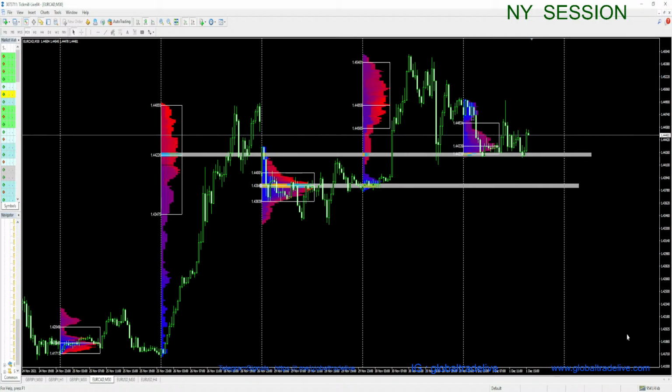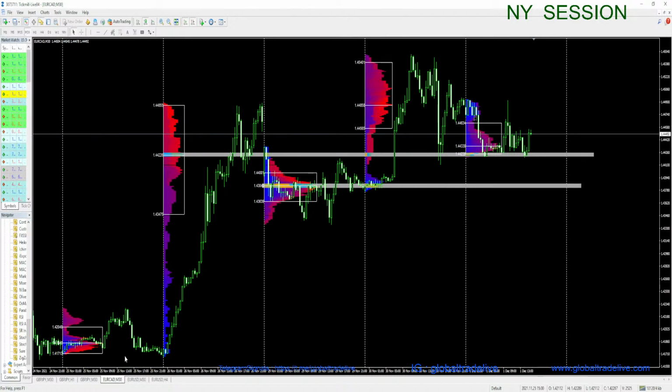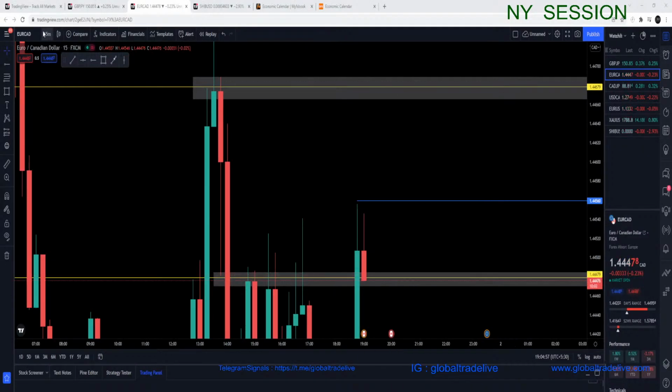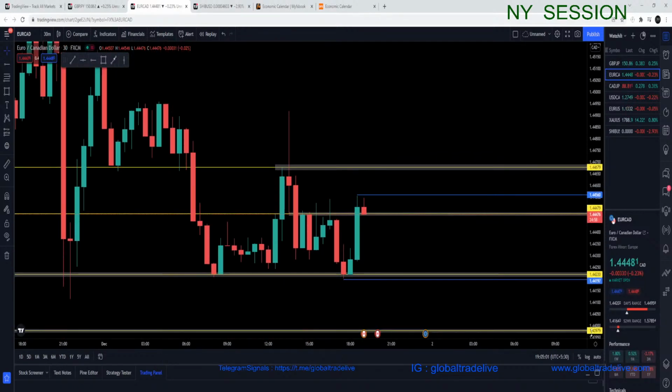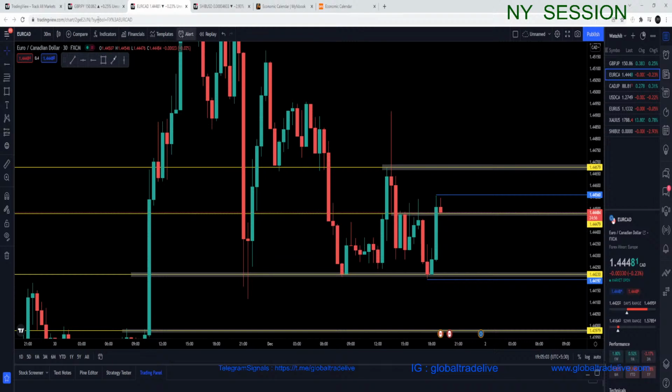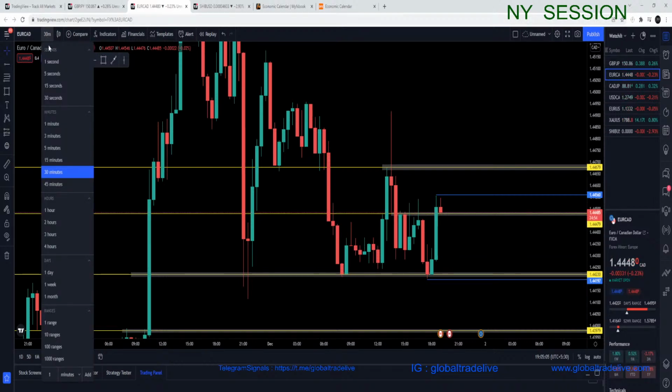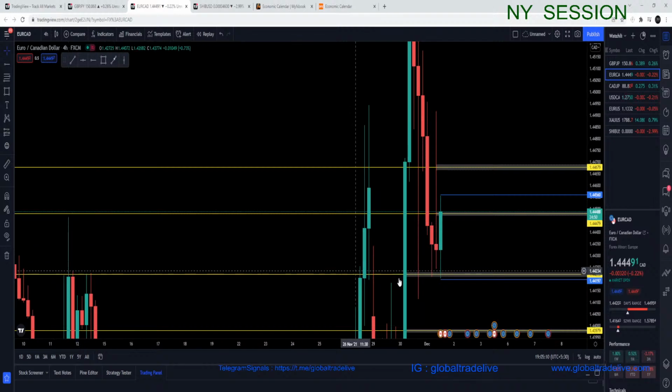Okay, and right now we have 26 minutes left for the current candle to close, and if we are expecting this 30-minute candle to move all the way up, that means this 4-hour candle will be moving all the way up.